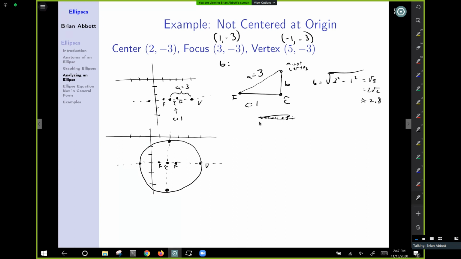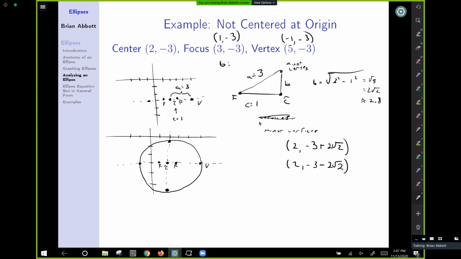So we now need to do the minor vertices. Well, what's their x coordinate? They are both on 2. That doesn't change. And what do we do? Well, we start at the y value of -3 and we go up 2 root 2, or we start at -3 and we go down 2 root 2, by adding 2 root 2 and subtracting 2 root 2 in the respective order.